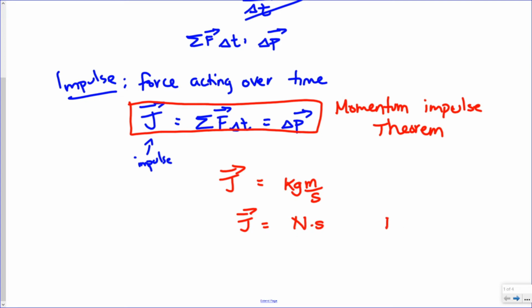If you remember, a Newton is a kilogram meter per second squared. If we multiply by seconds, the seconds simplify to kilogram meter per second, which is the same unit we use for momentum. However, when we talk about impulse, usually we talk about Newton seconds.